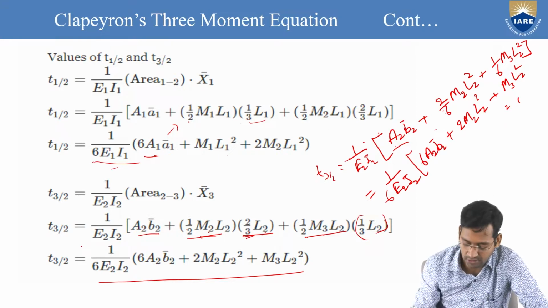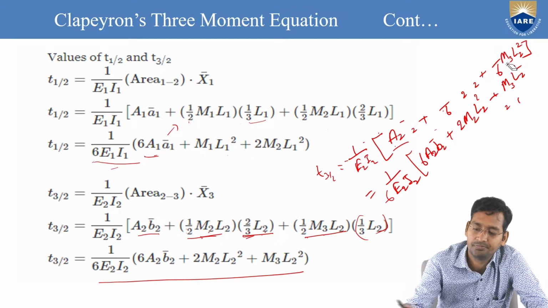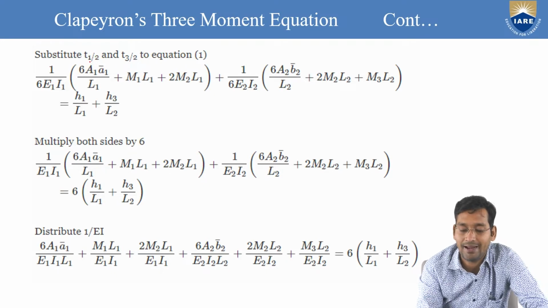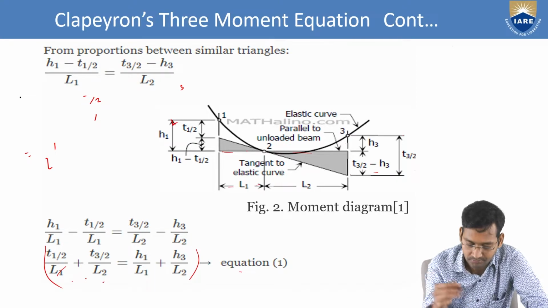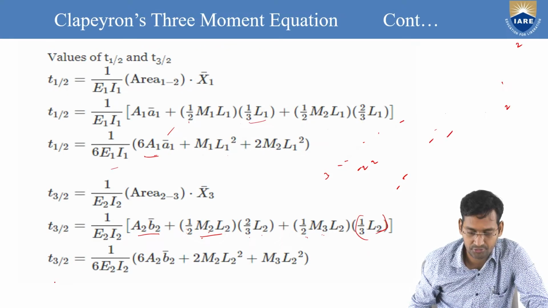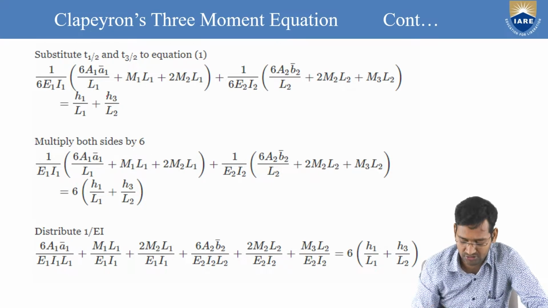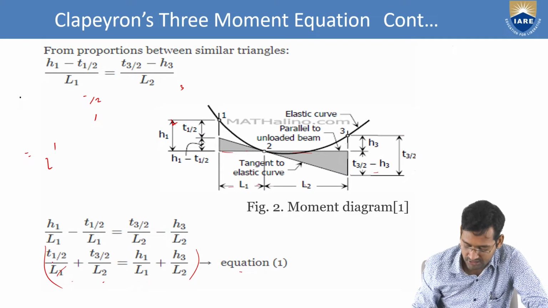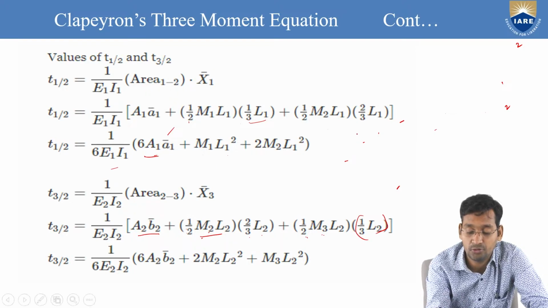Now let's substitute these values in this equation, right? So now just see after substituting what we will get. Substituting T1 to 2 and T3 to 2 in equation 1. Which one? That is in this one. So let's substitute. Whatever value is there, you just have to divide by L, because dividing by L1 is coming. So for T1 to 2, first write T1 to 2. So what is T1 to 2 here? First term is T1 to 2 by L1.